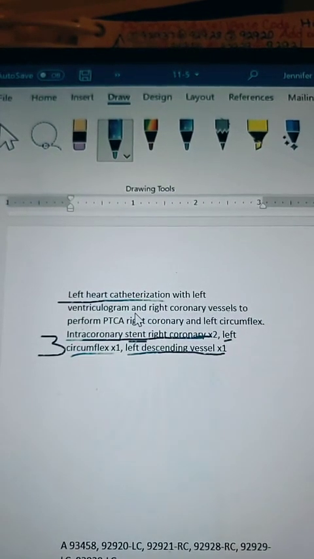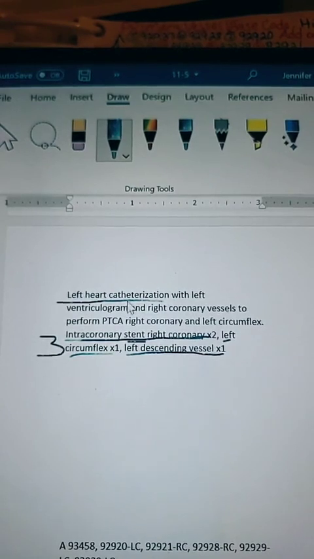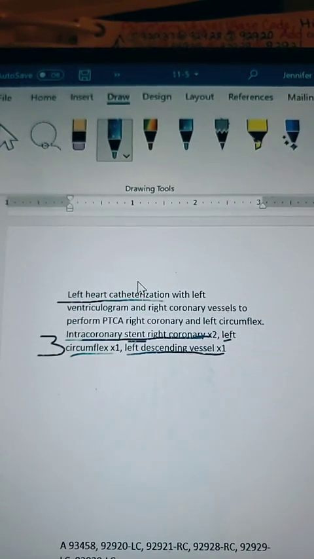I don't know what reasoning. But anytime there is a left heart catheterization for an intervention to make the heart arteries, veins, whatever, better, you don't code the approach. You only code the things you did in the artery, in which artery they were from.